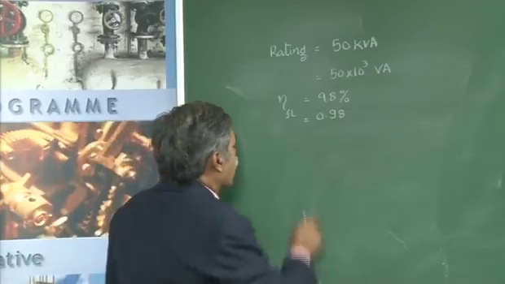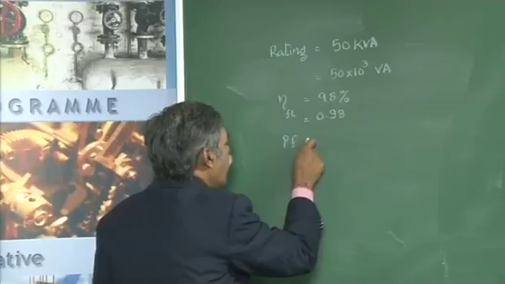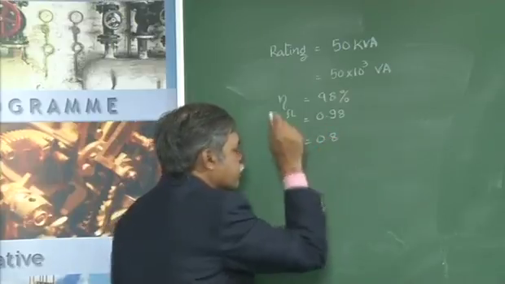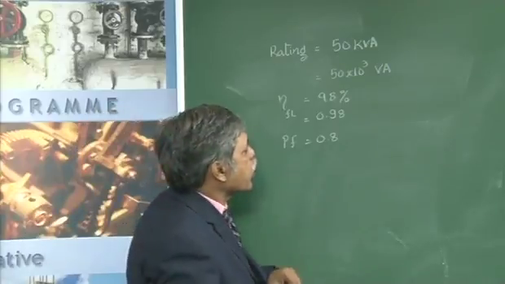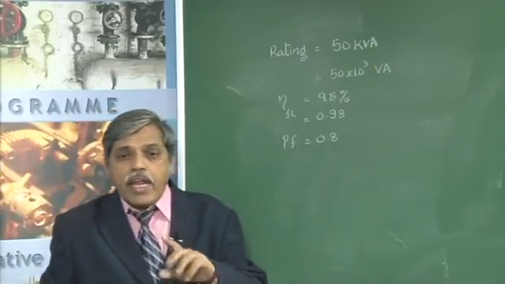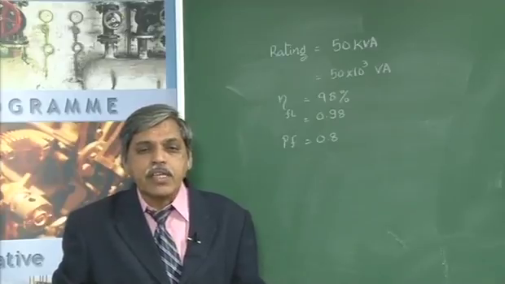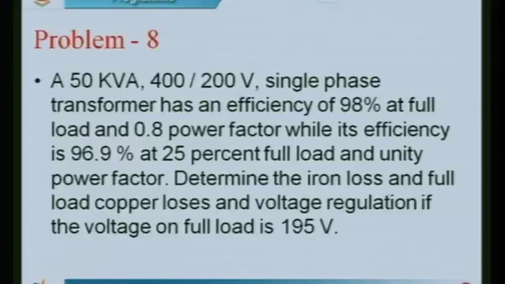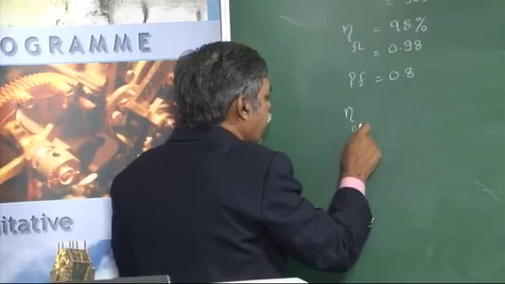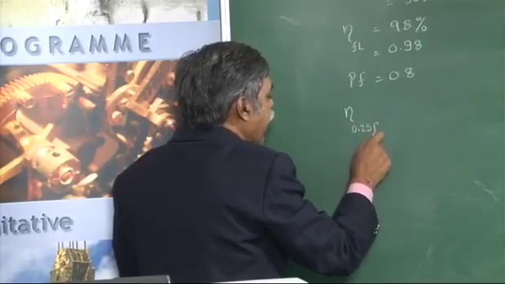At a power factor of 0.8. The second case is also given, where the efficiency is 96.9% at 25% full load. That means I write down eta at 25% of the full load, so I put 0.25 FL.